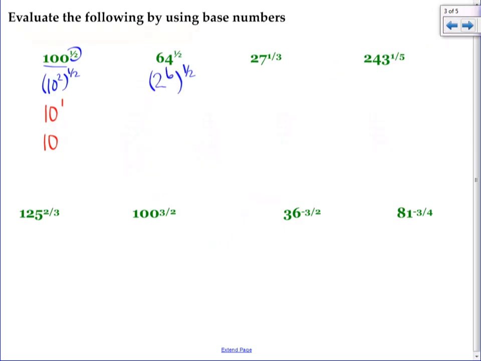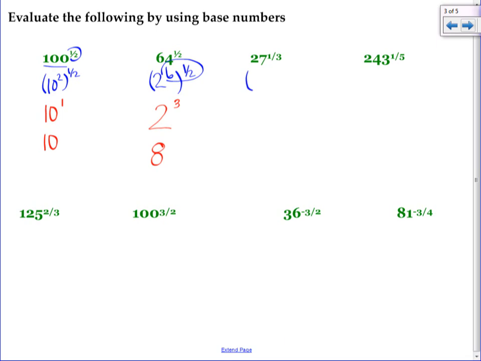Okay, so what are we going to do here? It's really 2 to the 3rd, which is 8. Okay, yes, I know that you could easily just put it into your calculator, 64 raised to the 1/2 power, and get 8, but I want to know that you know what base numbers are because they're going to help us in the next chapter.